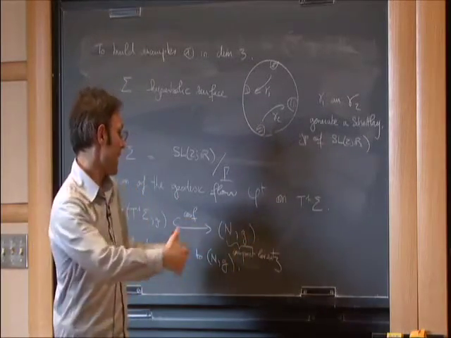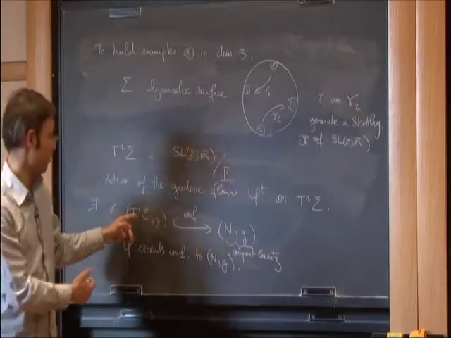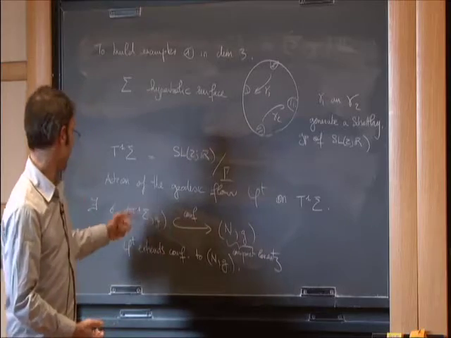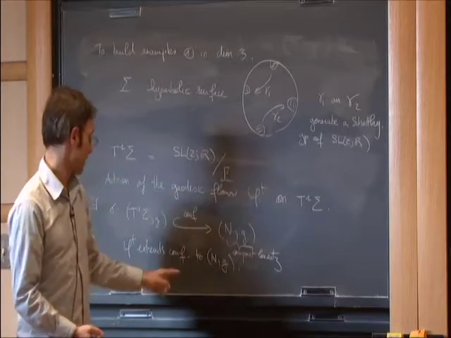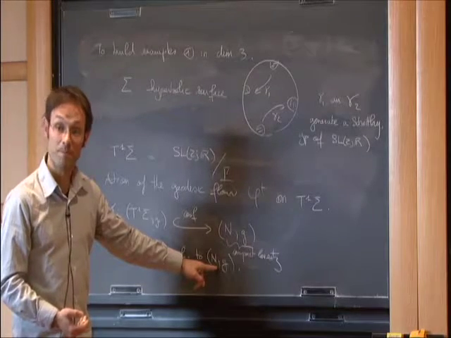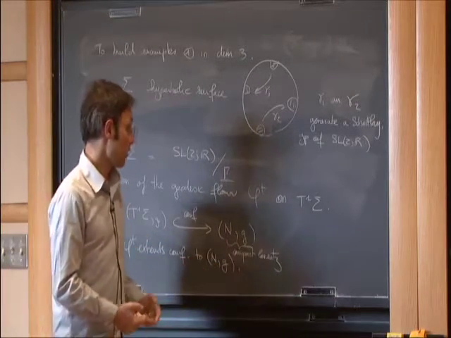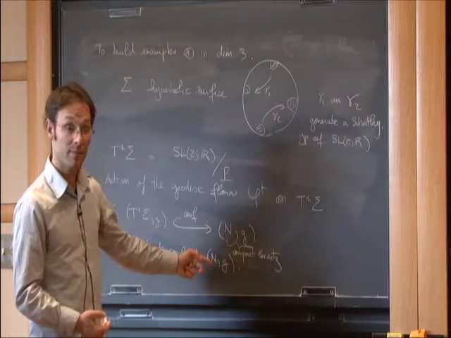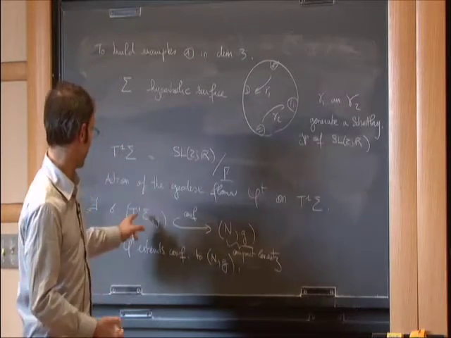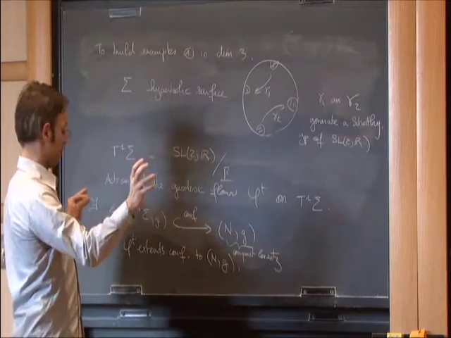You do the quotient, you add something at infinity. Actually, you add tori here. And the point is that this flow still acts on the compactification as a conformal flow. Now, why is this flow essential? Because on this unit tangent bundle, the geodesic flow acts properly on big open sets.